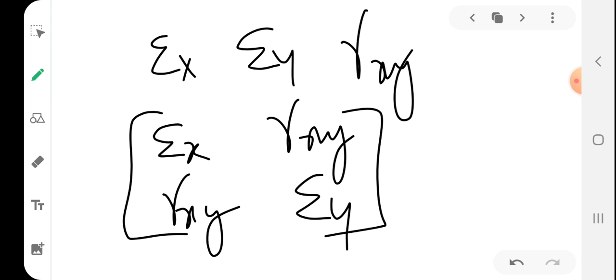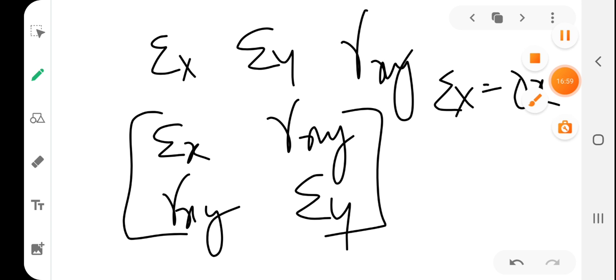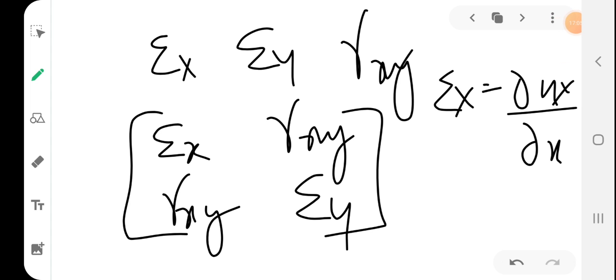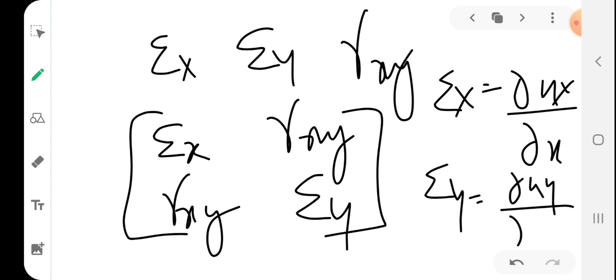Okay, the same method, and you know how to calculate epsilon x and all, right? Epsilon x is dou ux by dou x, and epsilon y is dou uy by dou y, right?